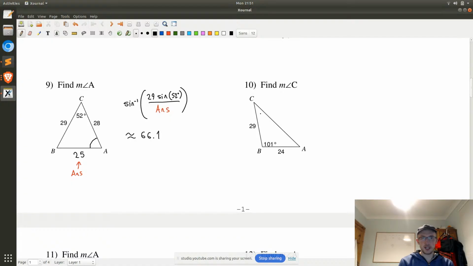Now to find the size of angle C, that guy right there. So find AC first. Cosine rule. 29 squared is 841. 24 squared is 576. And take away 2 times 24 times 29. And I want to do that in my head just for fun.